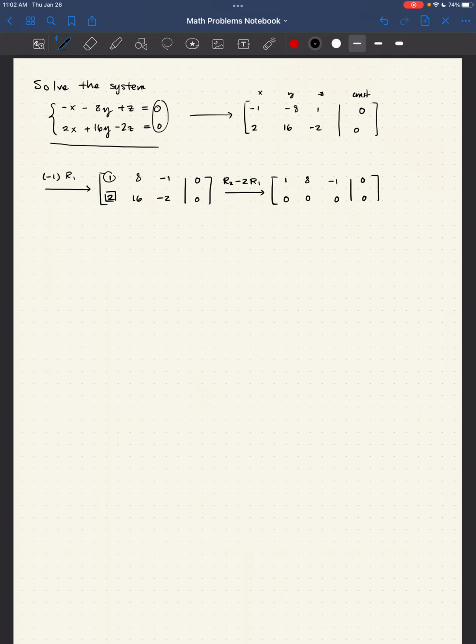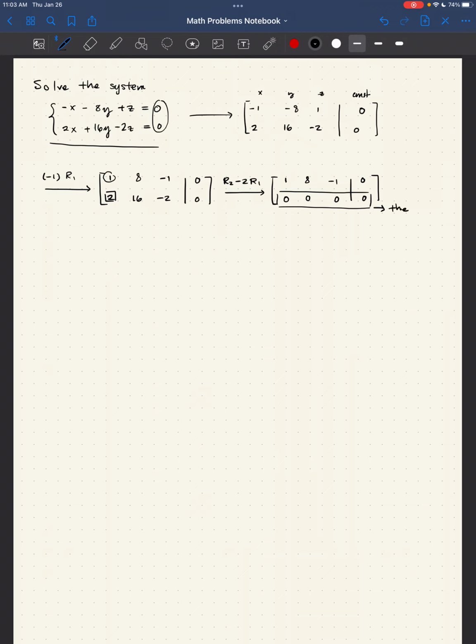Right? So, one would wonder, well, what does this mean? Well, a row full of zeros indicates that what we wrote in the system contains some level of redundancy. There are equations here that are not needed for us, but that is indicated right here.